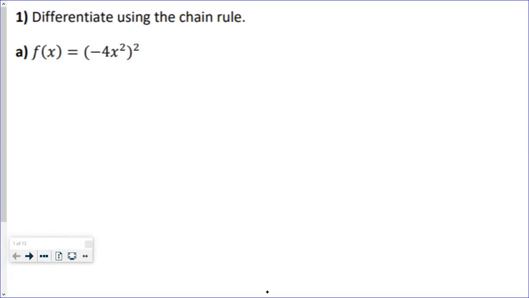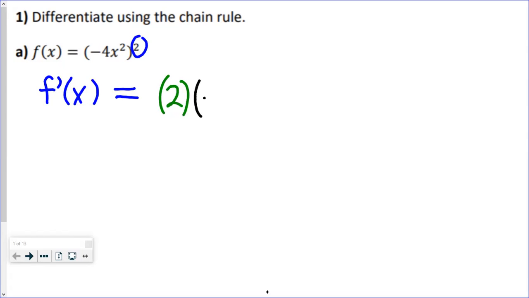So let's start off. f prime of x. So we're going to treat the outside function like x squared, what we would do with x squared. So I'm going to take the power of 2 over here, and I'm going to bring that down. I'm going to take my original function, negative 4x squared.